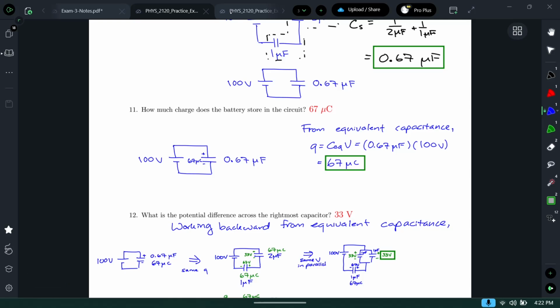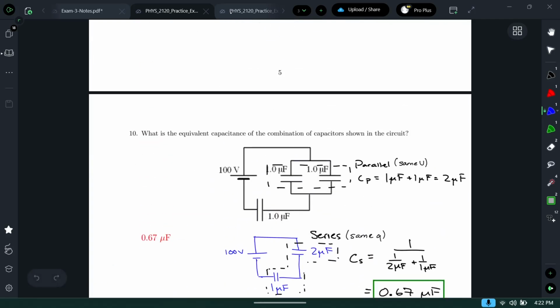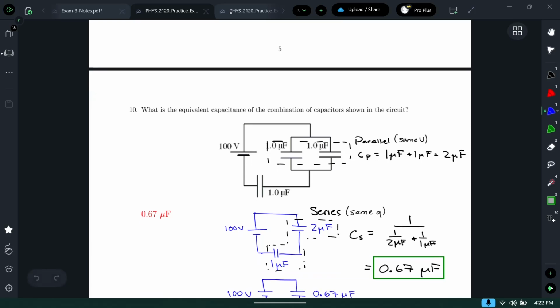So my question is, I guess it's a more difficult way of doing it, but if you were to go back to the original circuit, how you talked about at the beginning of the stream, if you were to work backwards and try to find the charge individually on each capacitor, would that not be the total charge within the circuit?